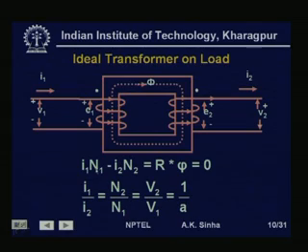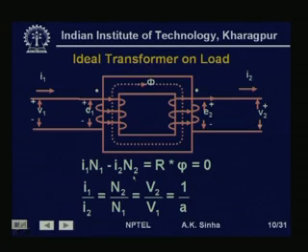Therefore, under conditions of load on the secondary side, we have I1 N1 minus I2 N2 equal to R into phi, where we have assumed reluctance to be 0. So, this is 0, which means I1 N1 must be equal to I2 N2.